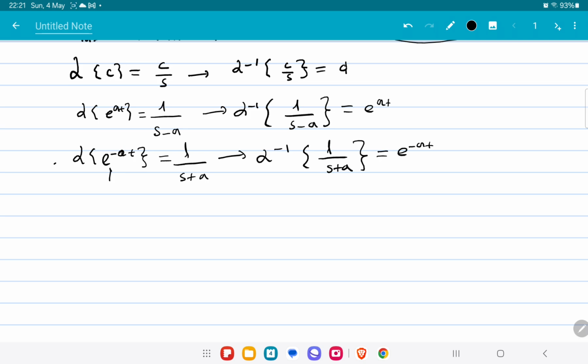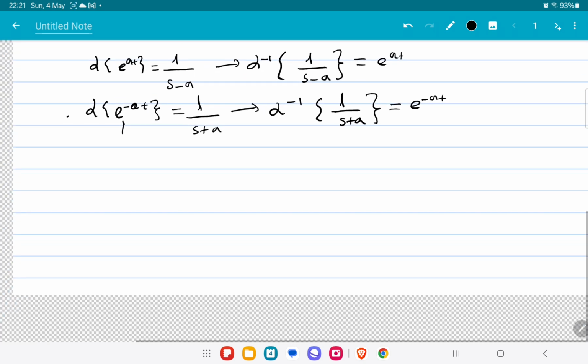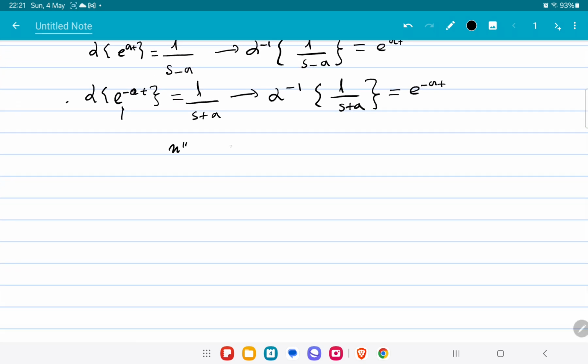Okay, so let's go to our problem. u second derivative plus 3 u first derivative plus 2 times the function u is equal to 1. We take the Laplace transform on both members of the equation.